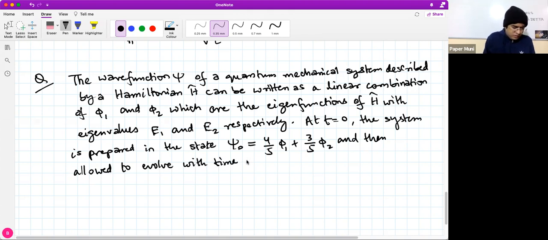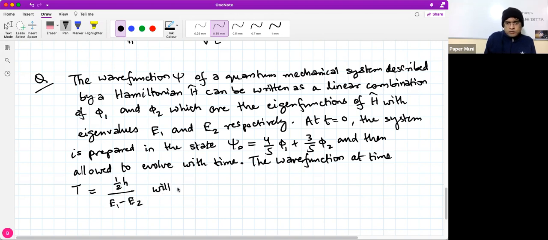So the wave function at time t equal to half h divided by E1 minus E2 will be, accurate to within a phase.